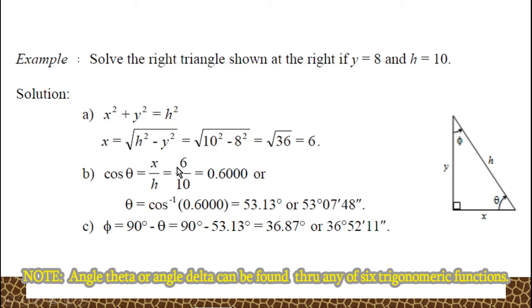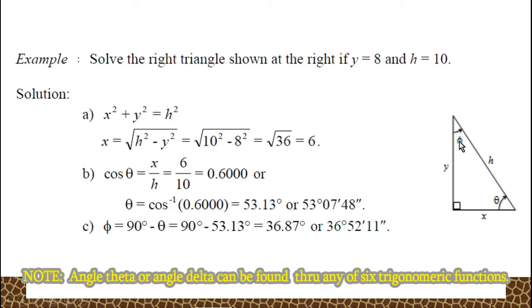So your x is 6, h is 10. Therefore, our theta, or our angle, is 53.13 degrees. Take note, we also have another angle, your delta.